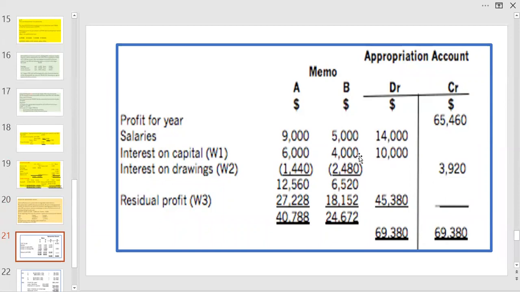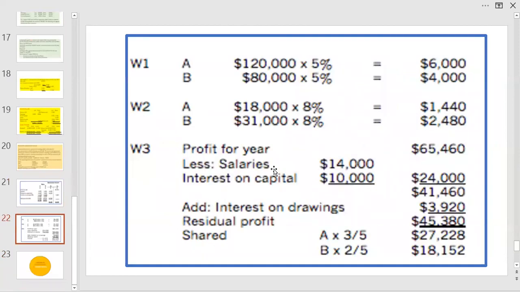See working 1. Interest on drawings is added. See working 2. The residual profit is arrived at. Apportionment among A and B as per their ratio is shown here. See working 3.